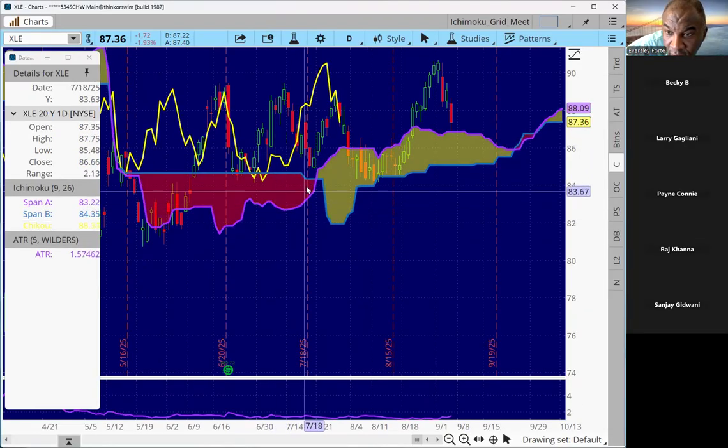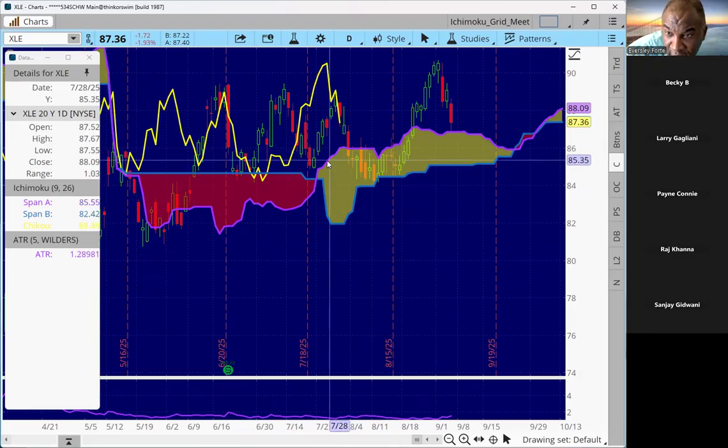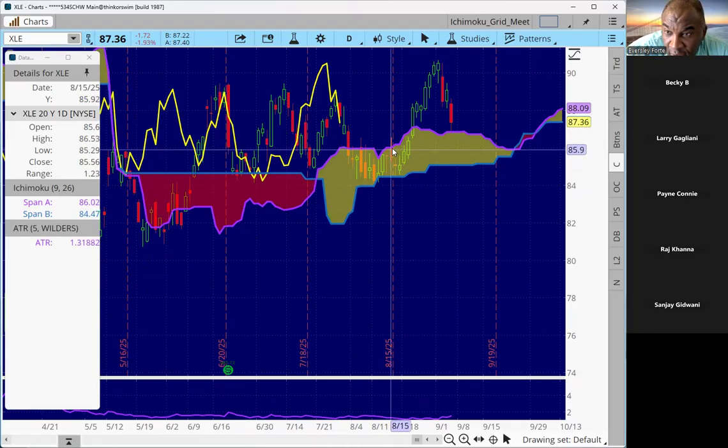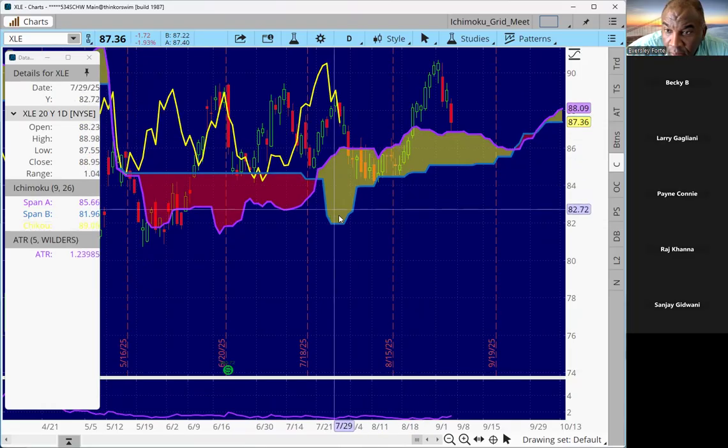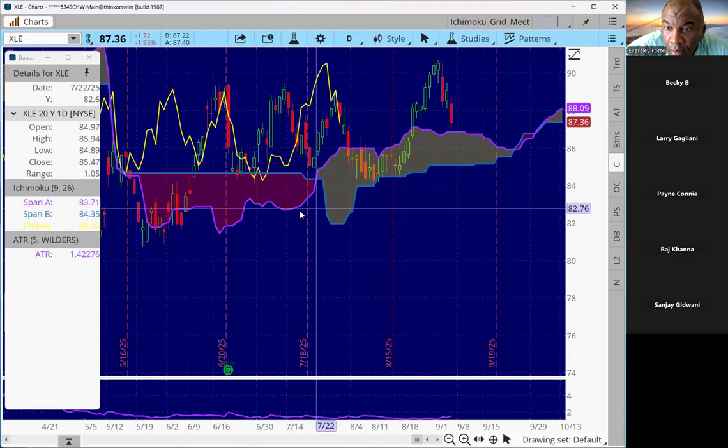This line here, when it's above the bullish cloud, is span A. In a bullish cloud, span A is on the upside and span B is on the downside. When it's in the bearish, span A is on the downside.